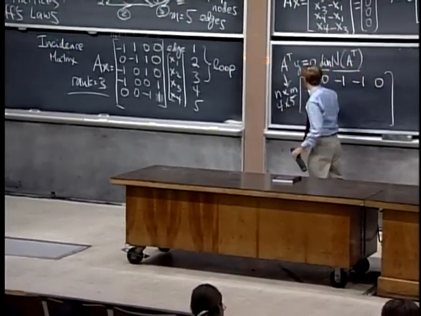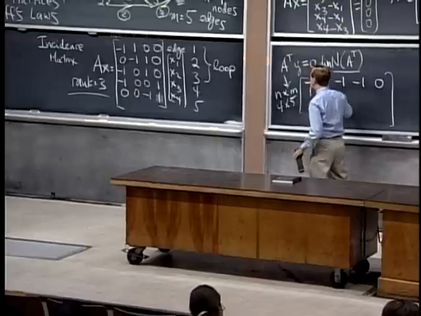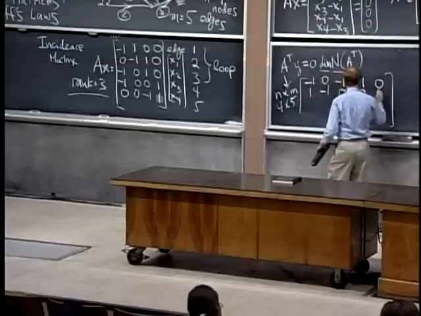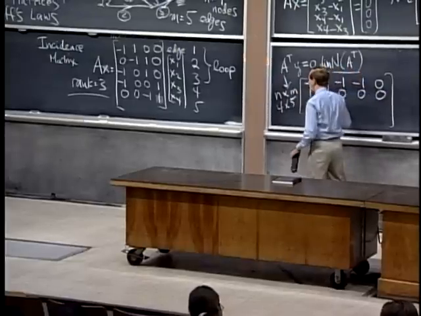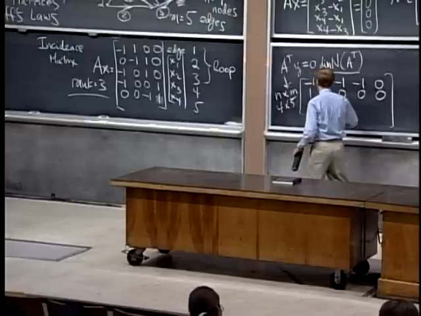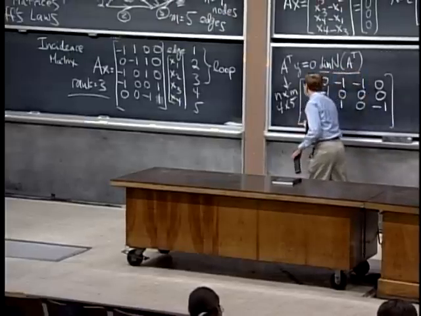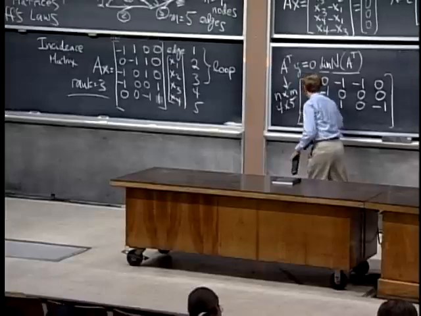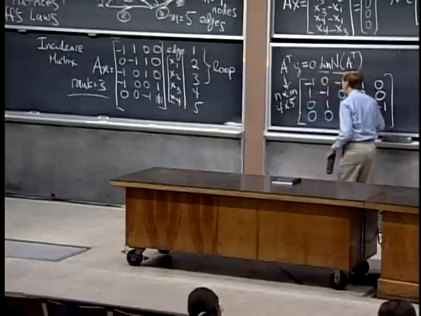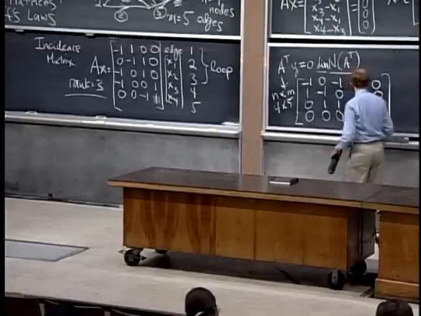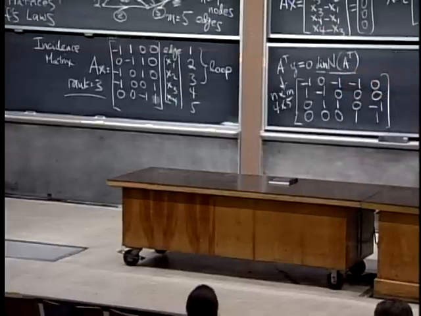The second row of the matrix, 1, minus 1, and 3 zeros. The third column now becomes the third row, 0, 1, 1, 0, minus 1. And the fourth column becomes the fourth row. Okay, good. There's A transpose.